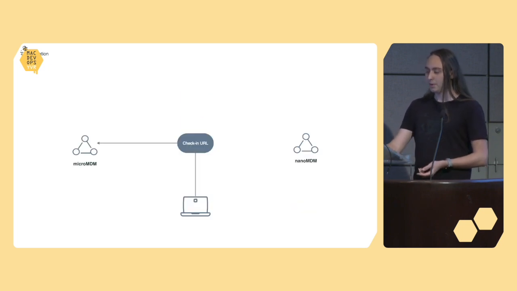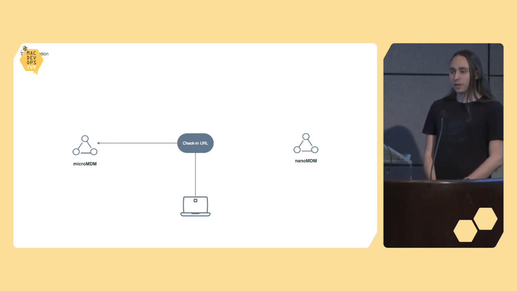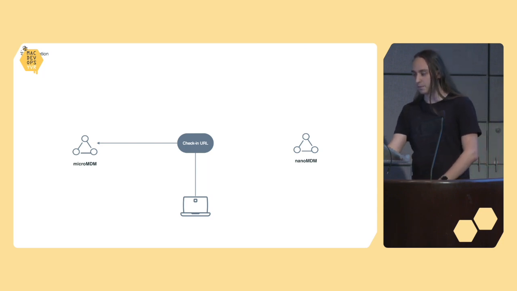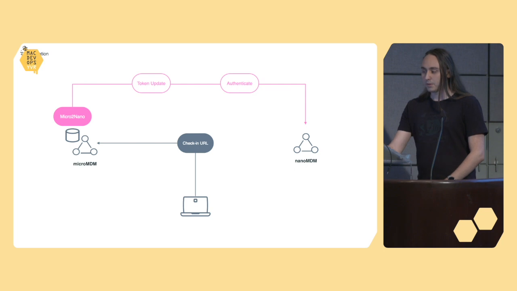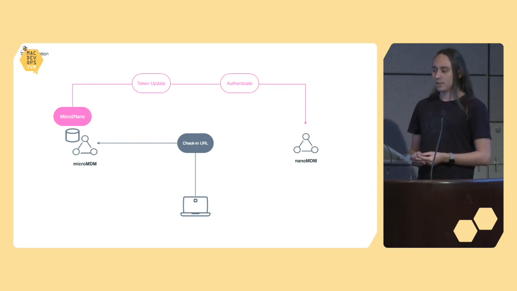Then, after we had both of the MDMs running, we needed to transfer our traffic from one to the other. If we did this while devices were enrolled, the enrollments would be broken because NanoMDM would be unable to manage the devices. So we used the open source micro to nano program to transfer enrollment data from the MicroMDM database to NanoMDM.